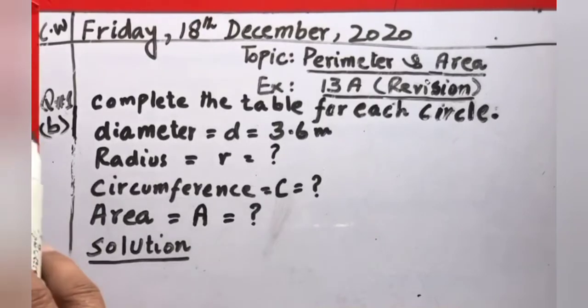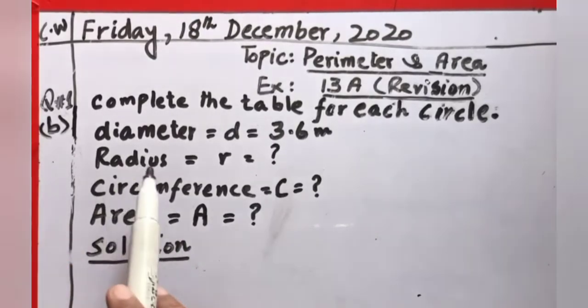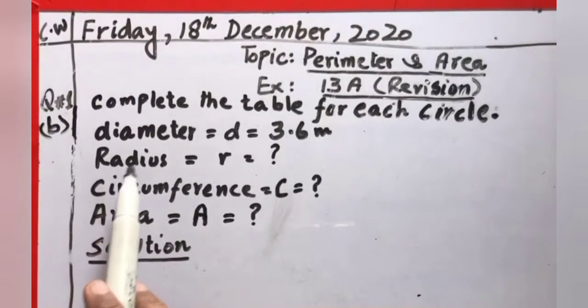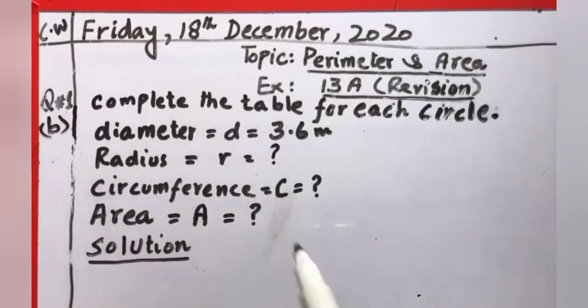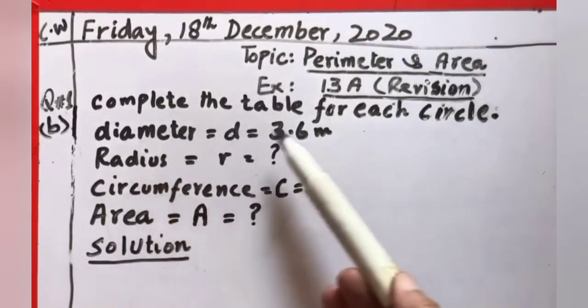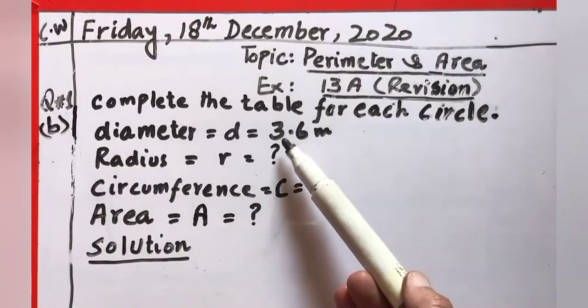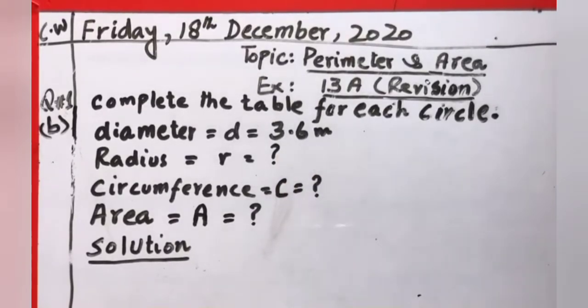So in table B we have to find these three things: radius, circumference, and the area of a circle. Only the diameter of a circle is given, which is 3.6 meter.